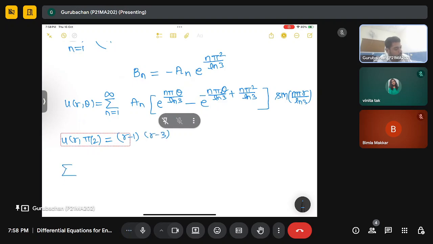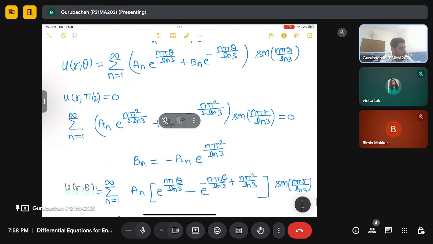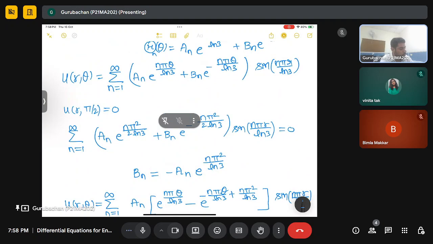So summation a_n e^(nπ²/(2 ln3)) minus, we will get from here, minus nπ²/ln3 plus 2 here.